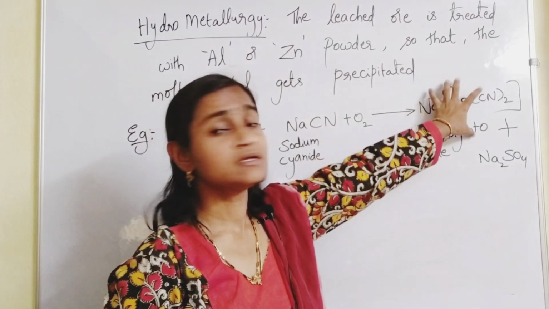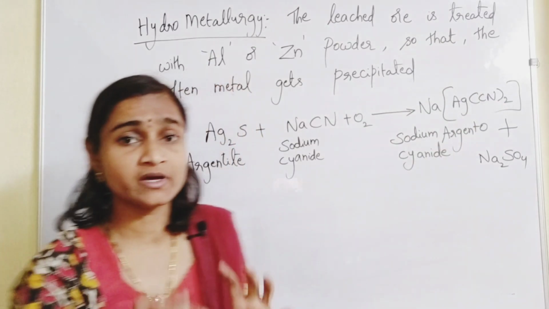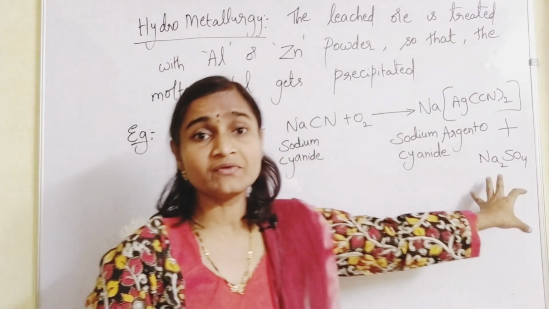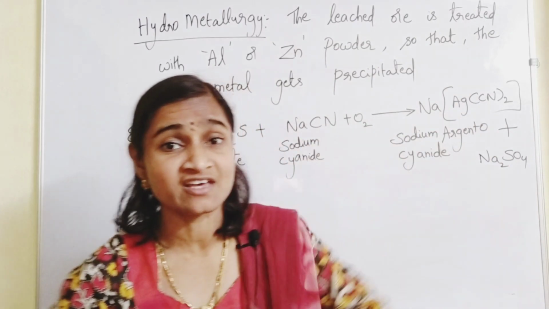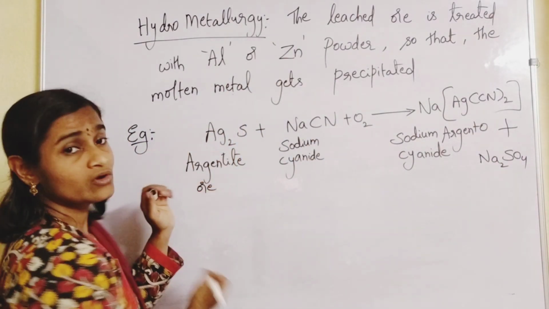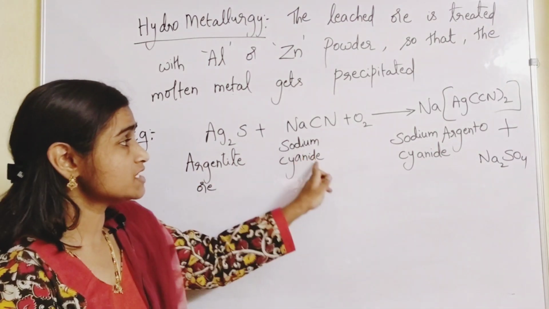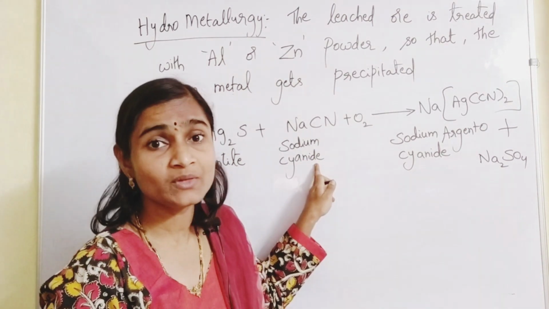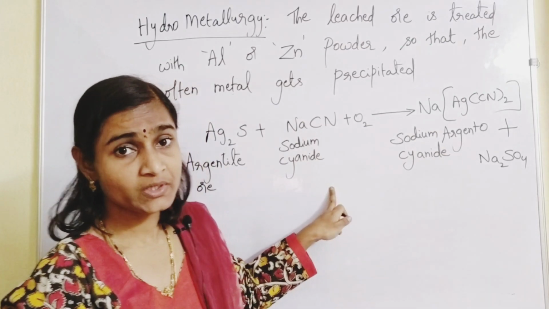So this is the complex substance which is formed. This first equation which I wrote is for what? Leaching. The argentite ore of silver is subjected to treatment with a chemical reagent, sodium cyanide.